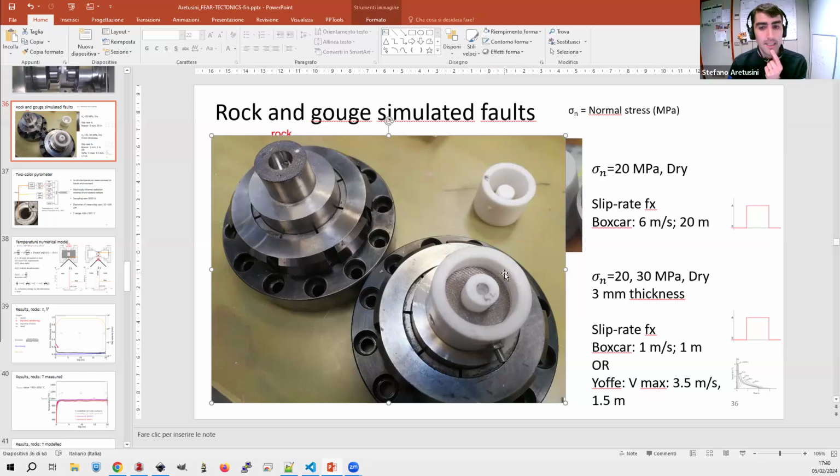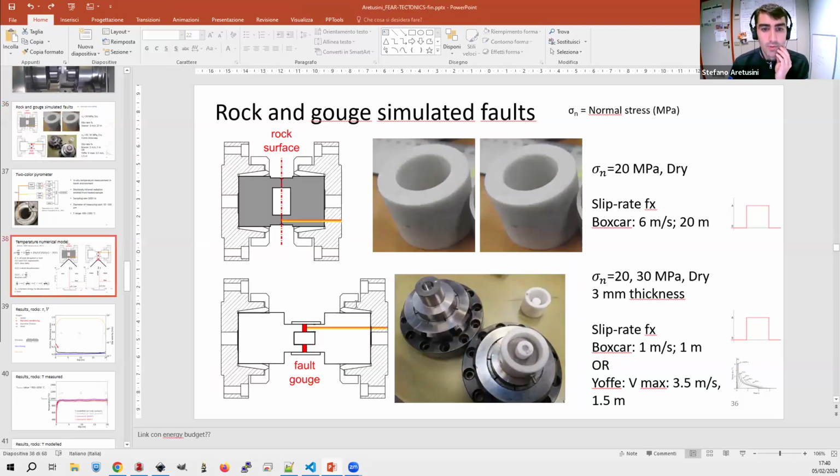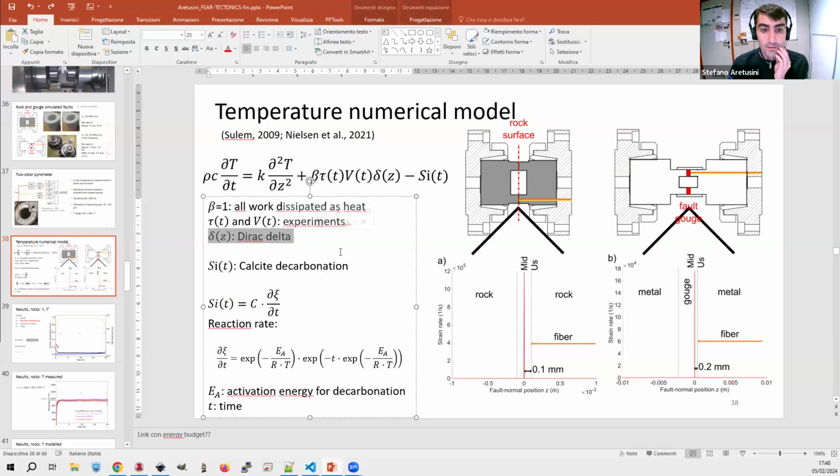The second point, the thickness of the zone. The second point about the shape in the numerical models: we use an end member case for the distribution of strain across the gouge, which is totally identical to that in rocks, a Dirac delta. So basically, we have one point in which we have all our maximum of shear strain rate.